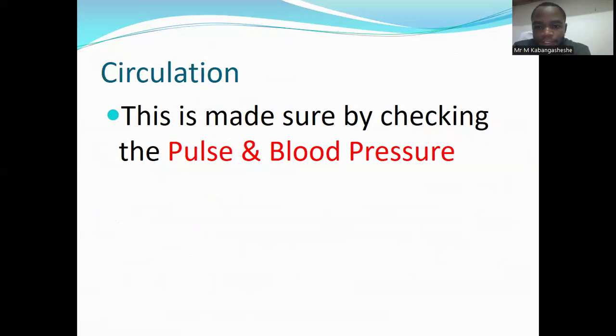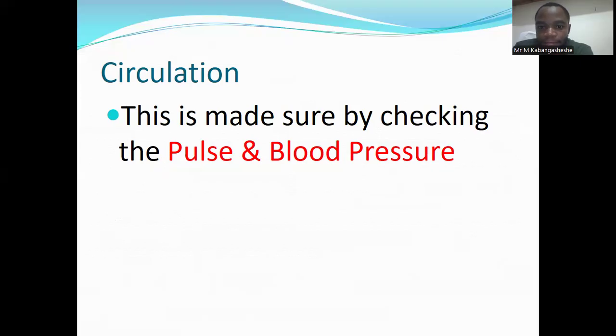Next is circulation. This is still a vital sign. Blood pressure, pulse. Such parameters are essential because they enable a human being to survive. Pulse is the rhythm of the heart, sending blood to peripheral organs.